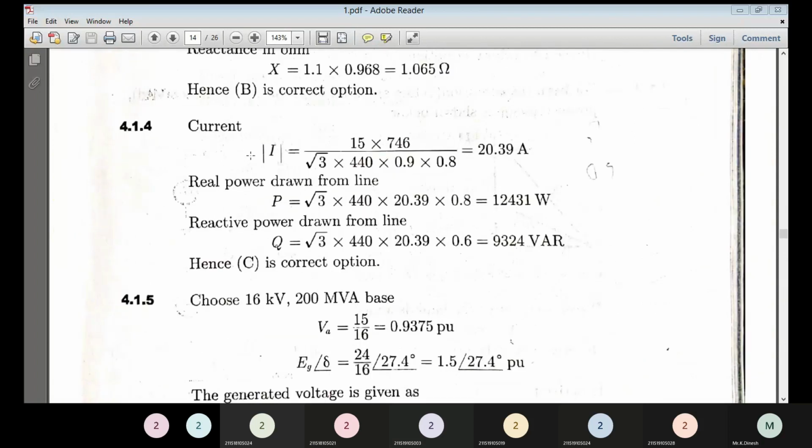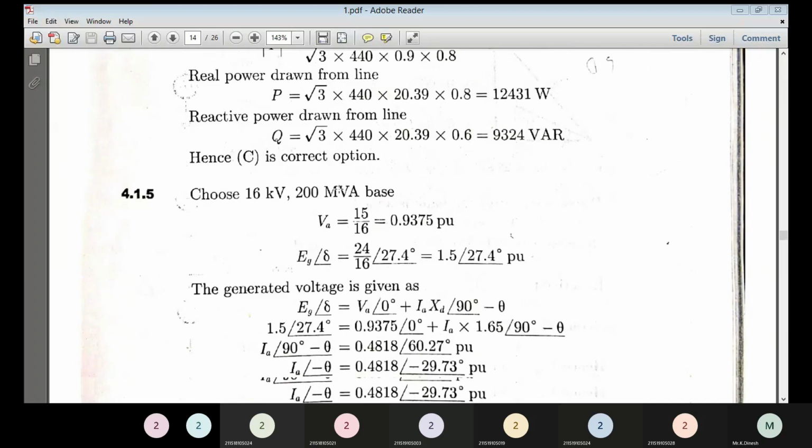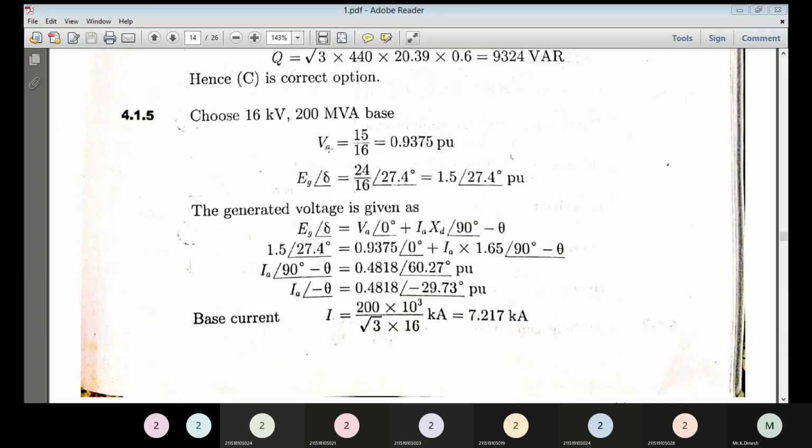So we are choosing our base values as 16 kV and 200 MVA. To find out Va, 15 by 16, we get our per unit value, that is 0.9375. Your Eg at an angle delta is 24 by 16, that is 1.5 at an angle 27.4.